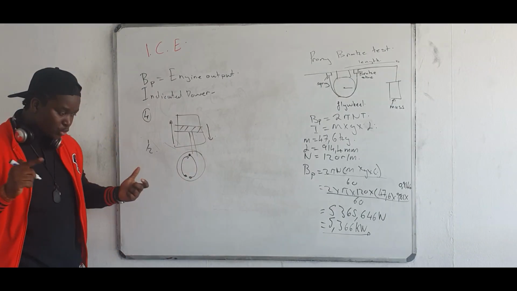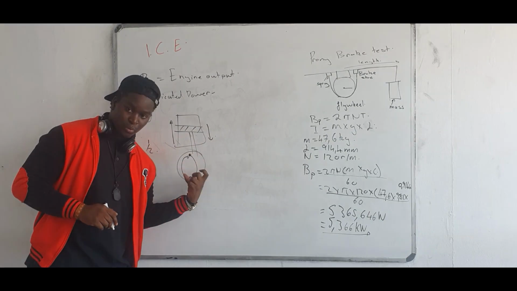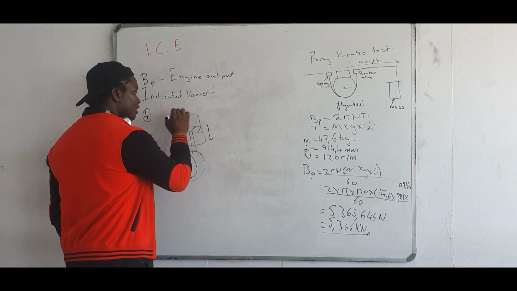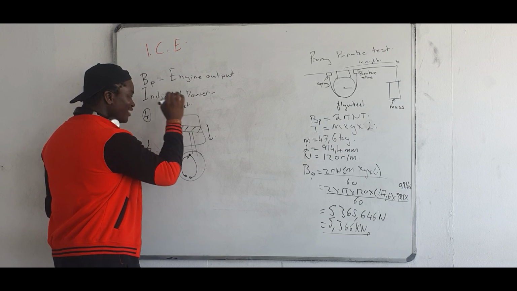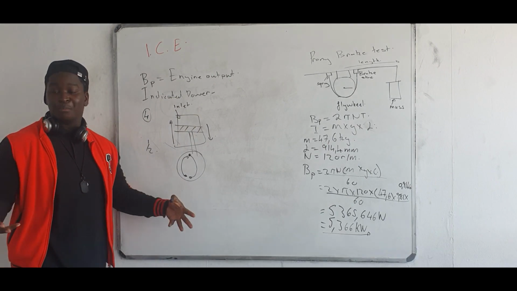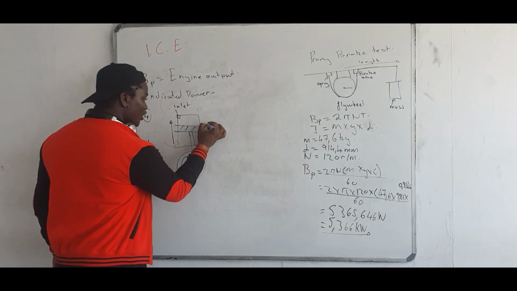Sweet. Now, let's see how exactly a 4-stroke engine works. Now, the first stroke is obviously inlet, right? Where we take the air, we put it in, and then the air-fuel mixture goes in at the inlet. That's the downstroke.